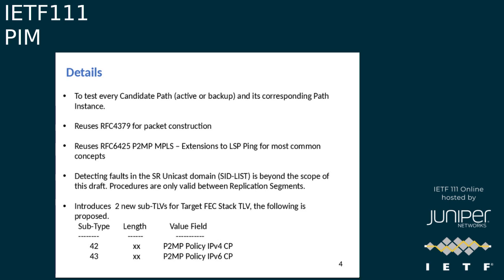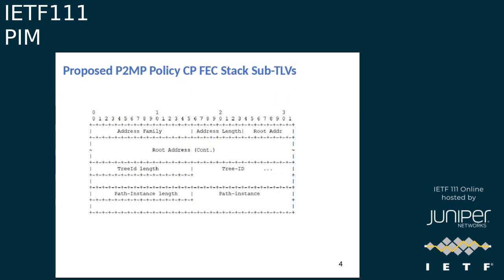So the reason I said, by the way, IPv4 and IPv6, those are the root addresses. Again, if there's a better name for it, we are all ears. I realized it might be a little bit misleading because the point-to-multipoint policy is really MPLS or SRv6.